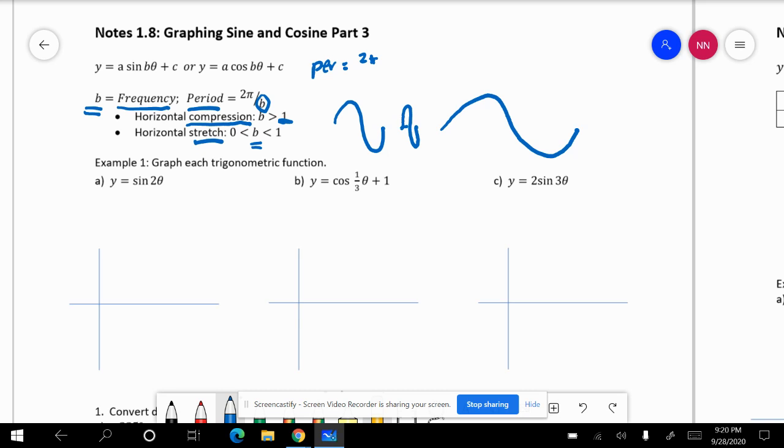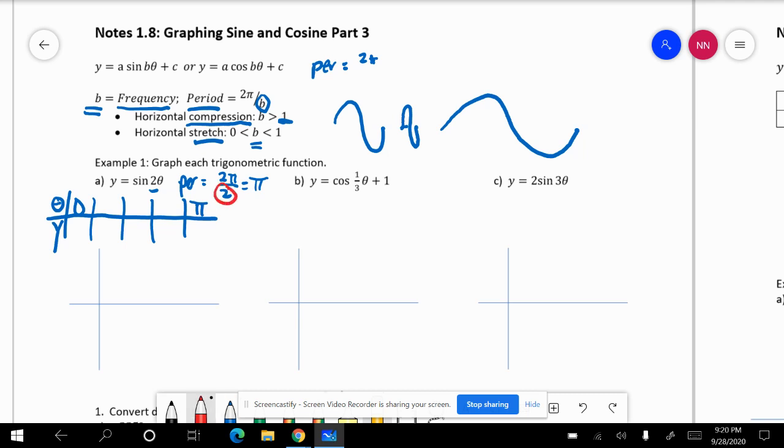For the first one, we see that we have a b value of 2. So that means that our period is equal to 2 pi over 2, which is our b value, and that's equal to pi. So when we're filling out our table, we're still starting at 0, but we're going to end at pi instead of 2 pi.